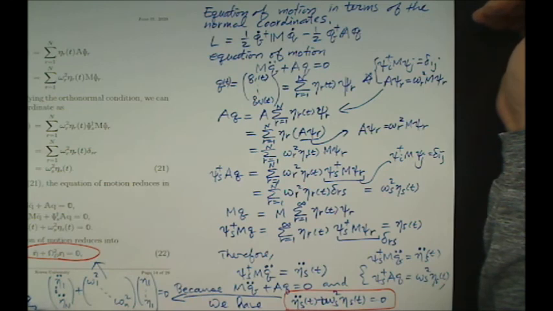And the first order expansion vanishes because the first order coordinate derivative of the potential energy vanishes.